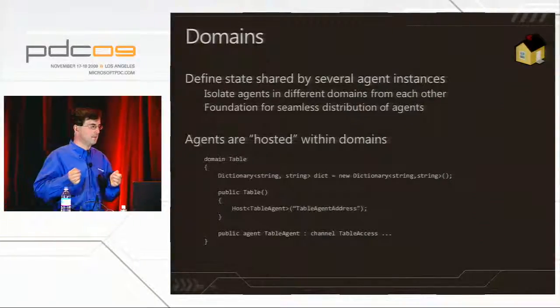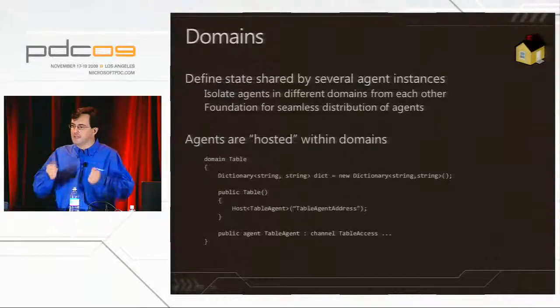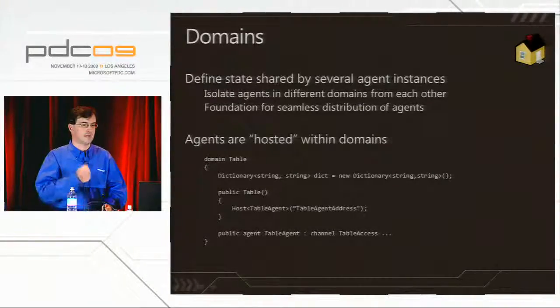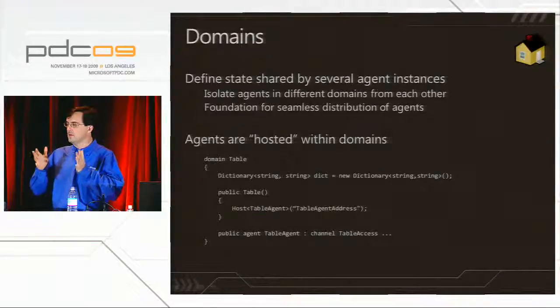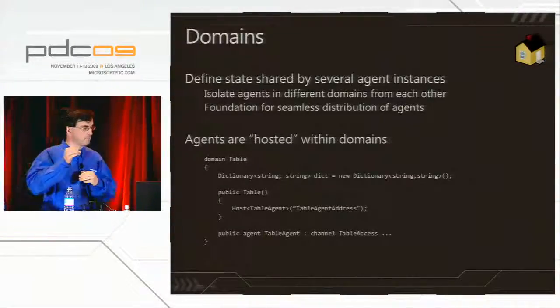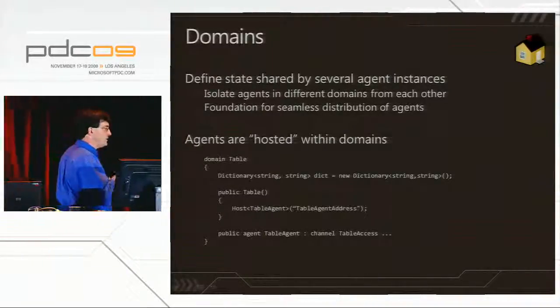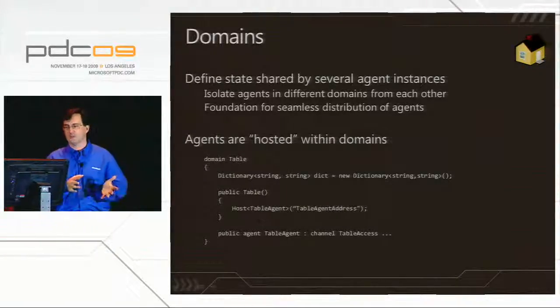And the compiler is so strict about it that only the agents that are declared lexically within the domain have access to that domain state. So there's going to be a tight coupling between the agents that are allowed access to the domain state and the domain. All right? We saw the use of addresses before, and we call this the agent being hosted within the domain.